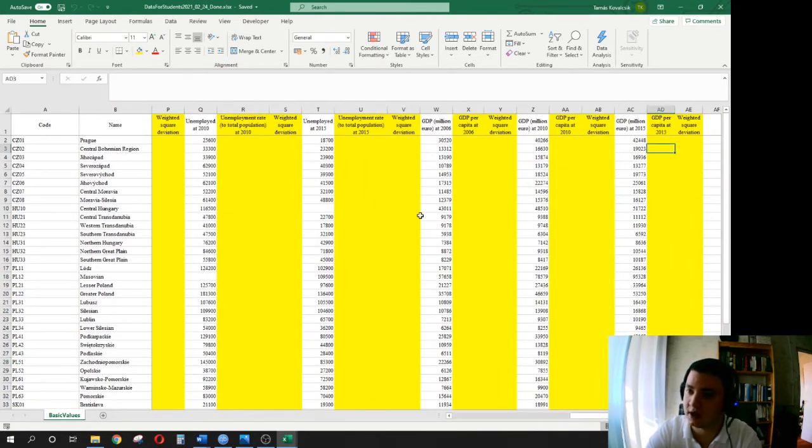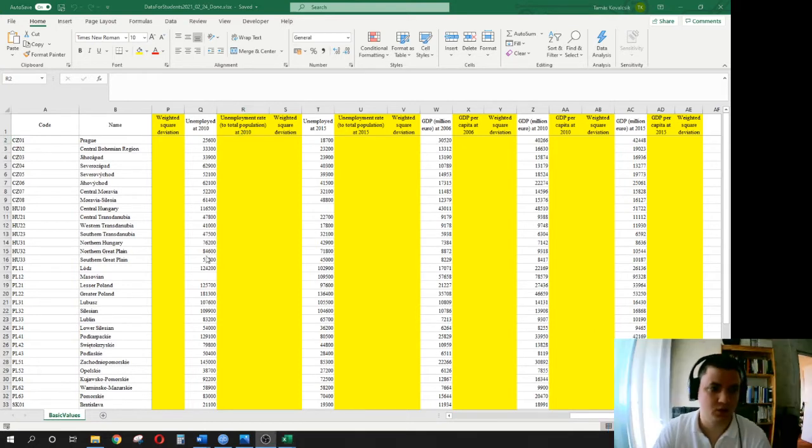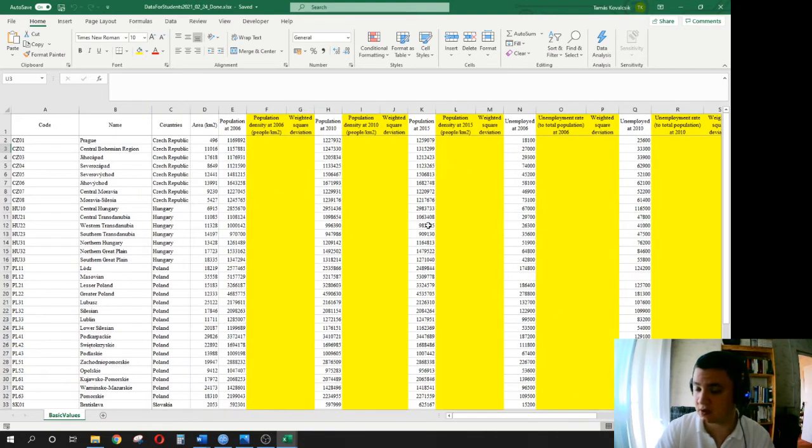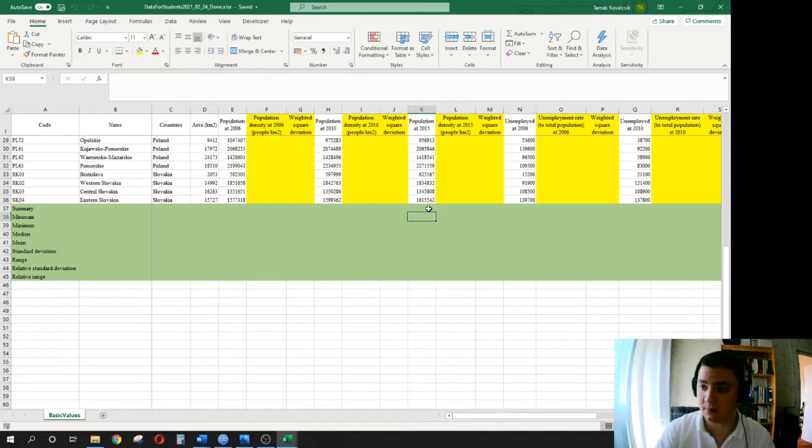So you have to fill the gap in the yellow areas, for all of the other indicators.